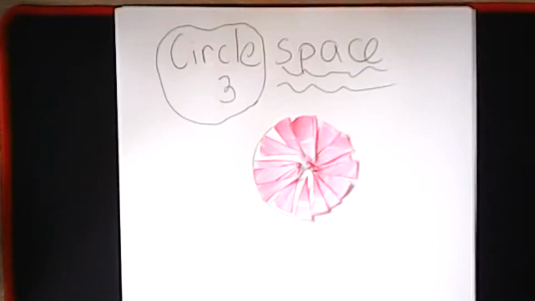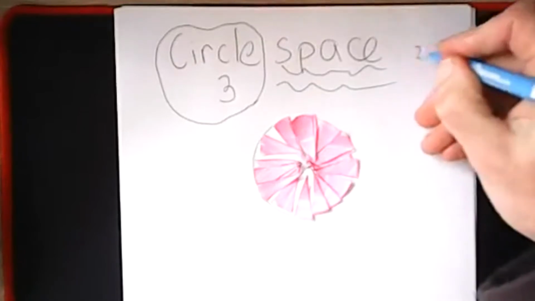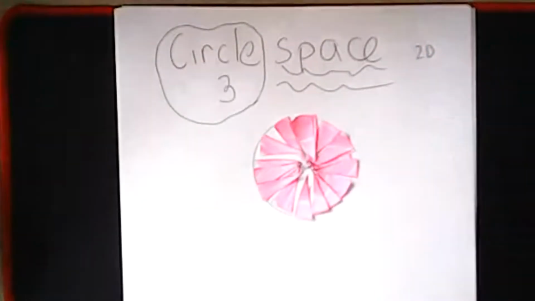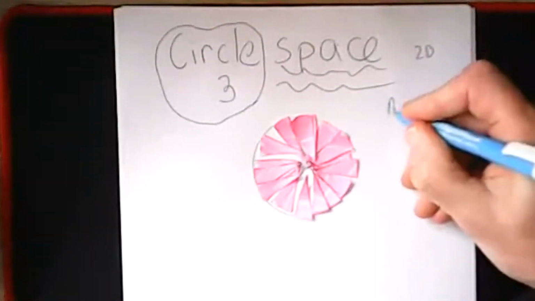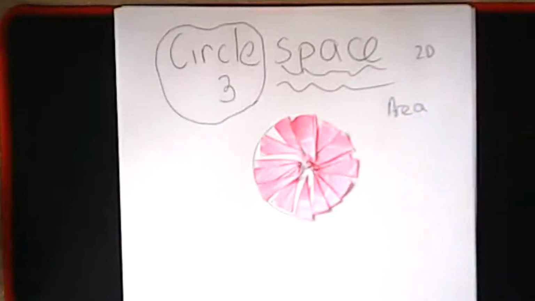Okay, so let's get cracking then. So I've talked about space. What is the maths word for space? We should have come up with 2D space anyway. 2D space is going to be area. Incidentally, that's why I chose today the music, which is 2001 A Space Odyssey. Good film, good music.